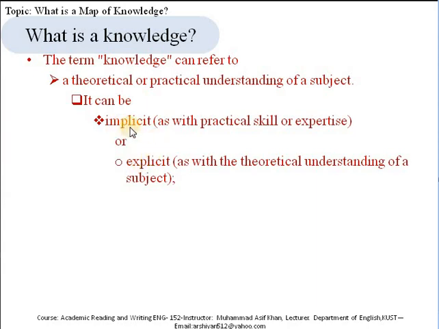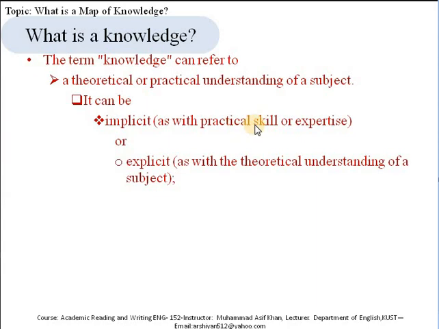From implicit knowledge we mean the practical skill or the expertise, and this very implicit knowledge is suggested, though it is not directly expressed. Or we can say that implicit knowledge or tacit knowledge is that knowledge which is not direct, it is indirect, and it is basically held in the mind of a person.